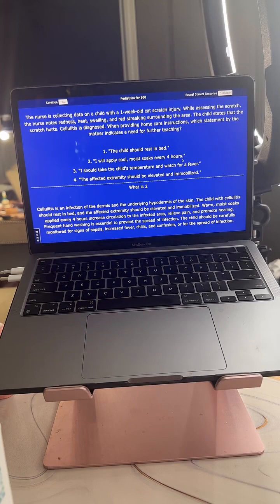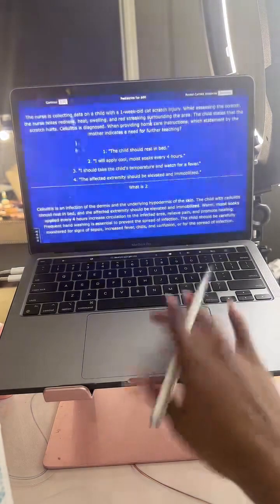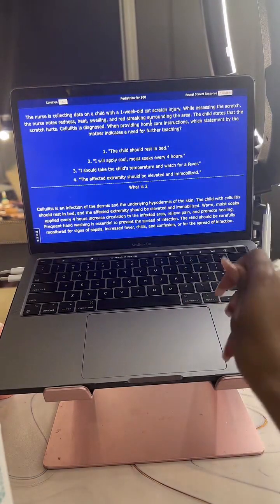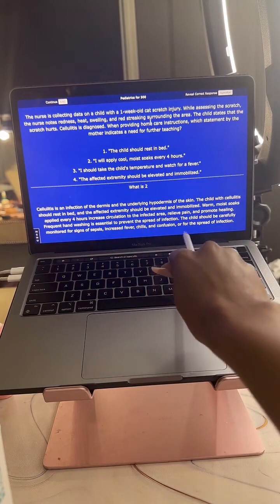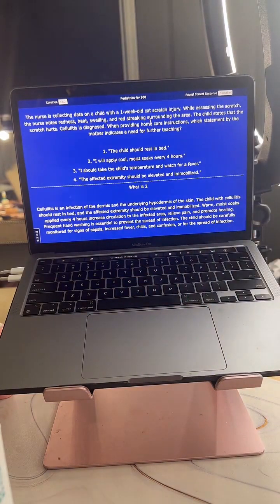Because those are correct, 1 and 4 should be crossed off your list.